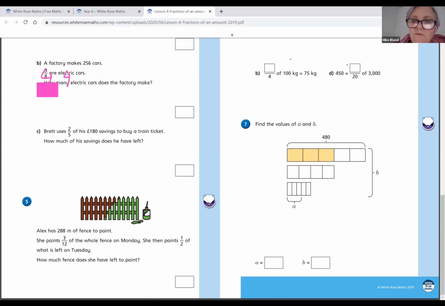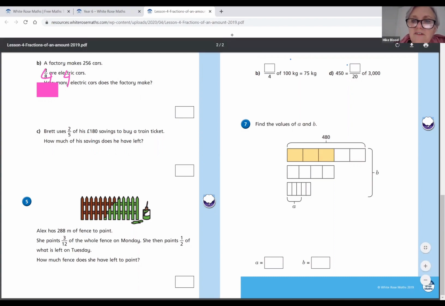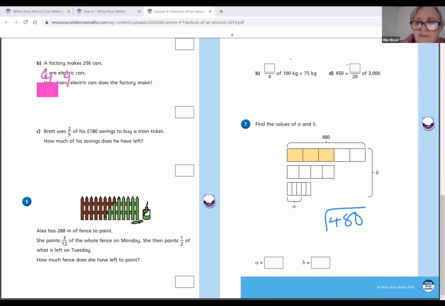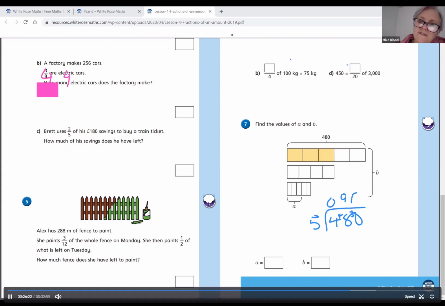So to find out what one of those blocks is, this is going to be our first step. We're going to do 480 divided by 5. 5 into 4 doesn't go. 5 into 48 goes 9. 5 into 30 goes 6.